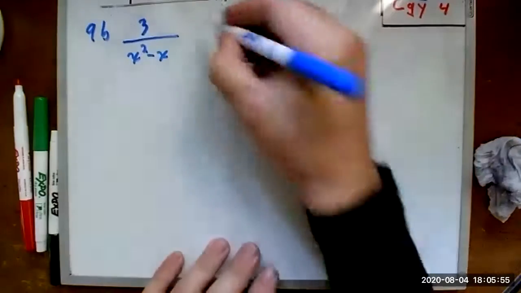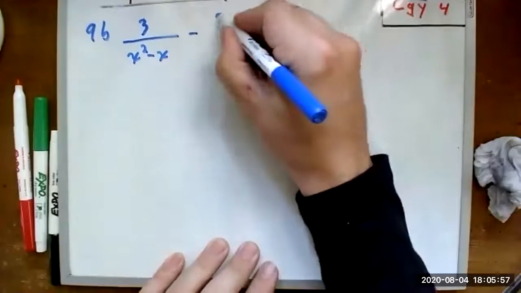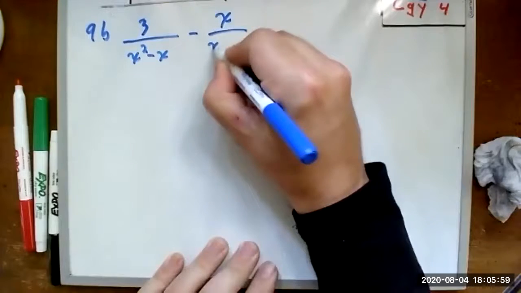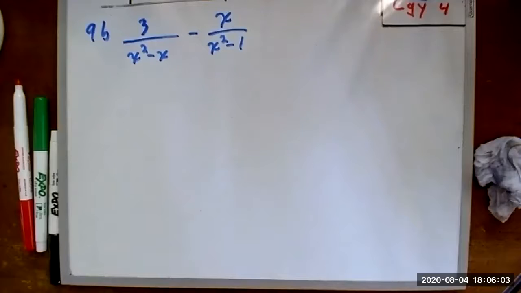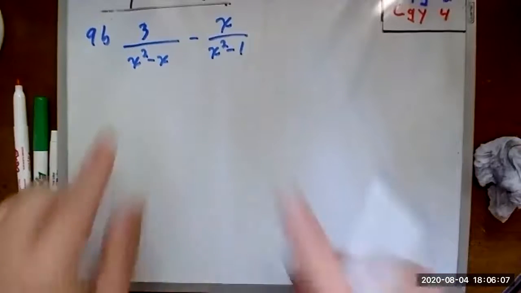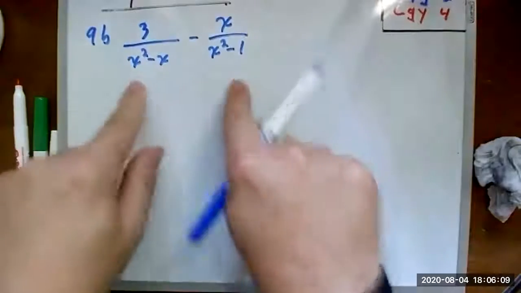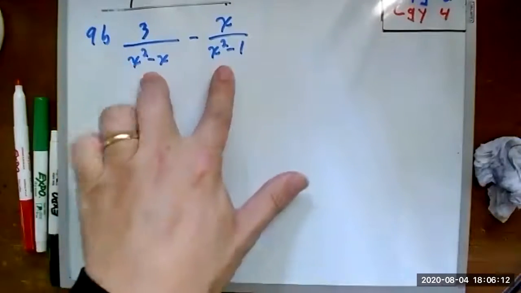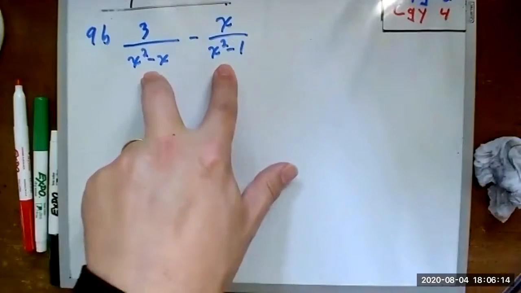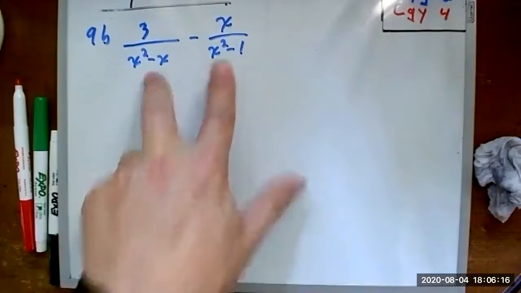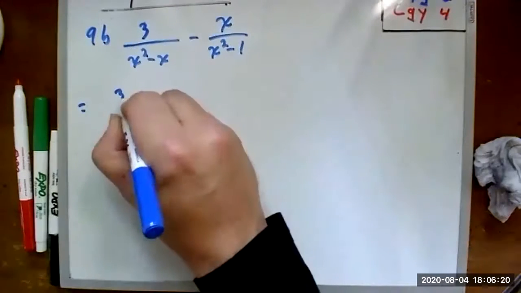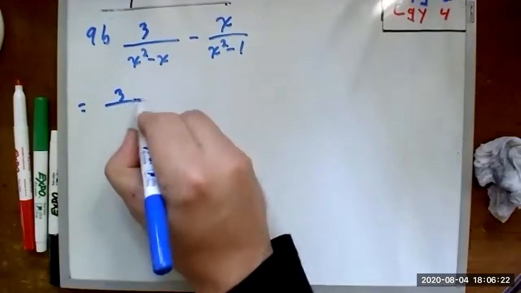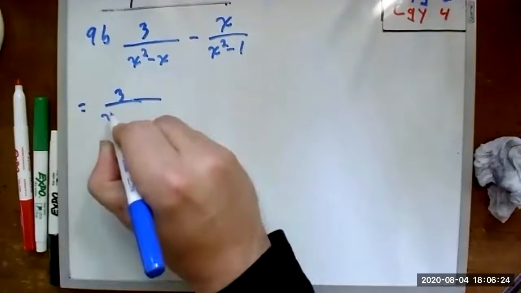So we'll start there. 9b, which says 3 over x squared minus x, over x squared minus 1. Now, most of the time when we're dealing with polynomials in fraction form, the first step is to do all the factoring on the bottom to see what's missing.